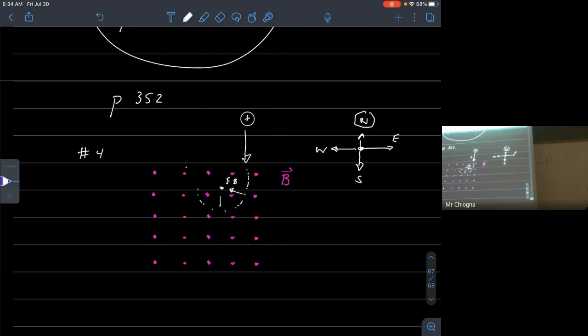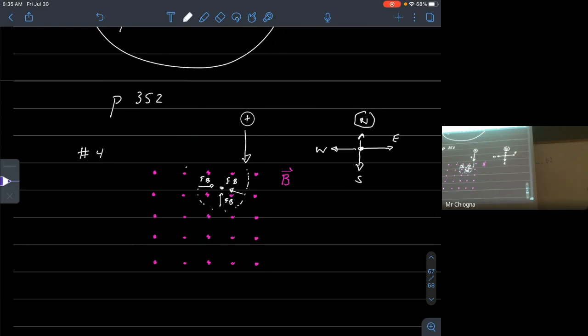Okay, there's a center. FB. The force is always perpendicular to the velocity. That's how I know it's going to move in a circular path.